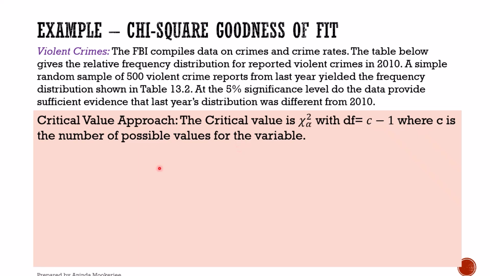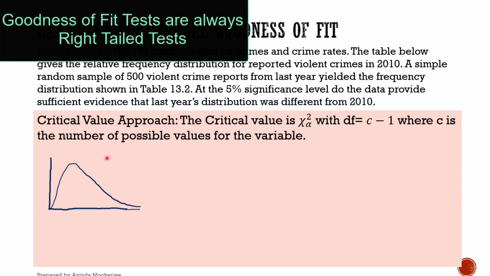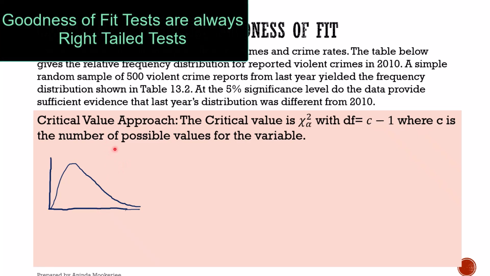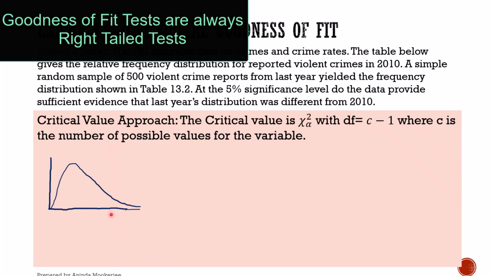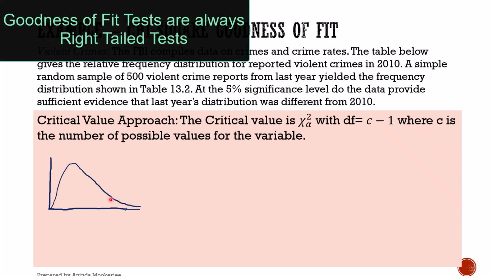Now the chi-squared curve is a right skewed curve, and the hypothesis test therefore is always going to be right tail test. Now in any right tail test, the reject region will be located to the right of the curve. All right, so all chi-squared curves are right skewed curves. Keep that in mind. Therefore, all hypothesis tests will also be right tail tests.